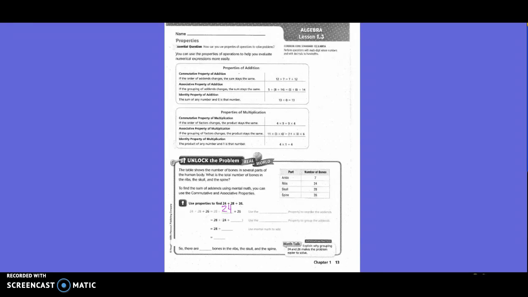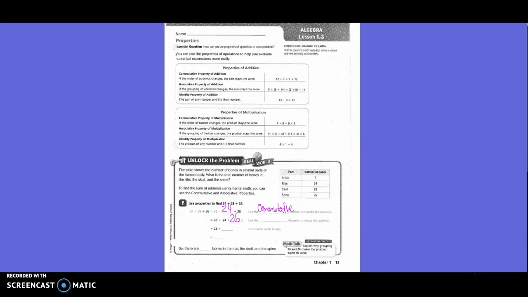So what property would that be if we just change the order of the numbers? Is that commutative, associative, or identity? What is it, guys? Commutative. Okay. 28 plus 24 plus, what are we going to add? What's the number we haven't used yet? 26. So, we kept them in the same order, but we added parentheses.